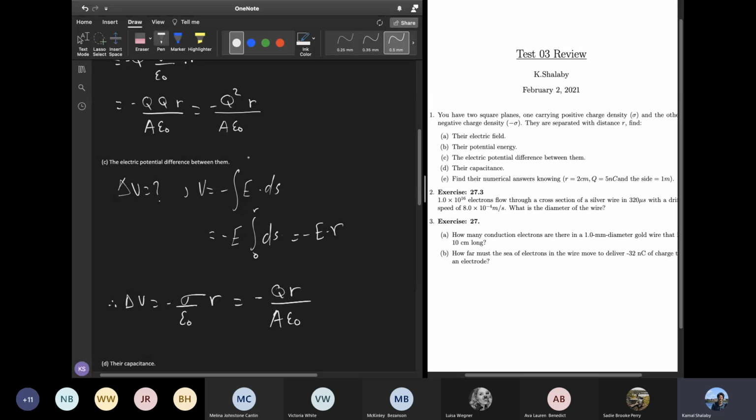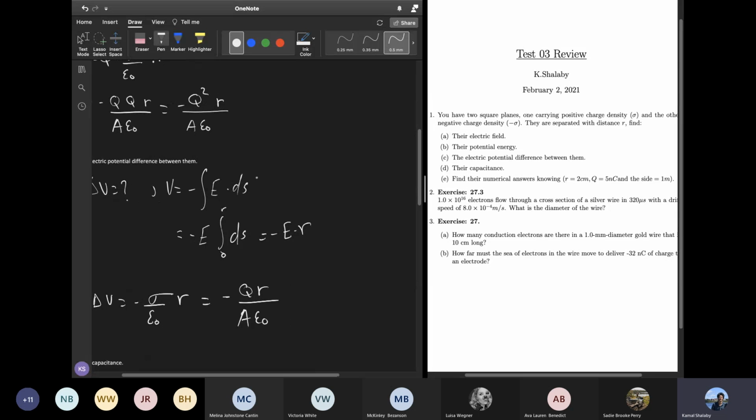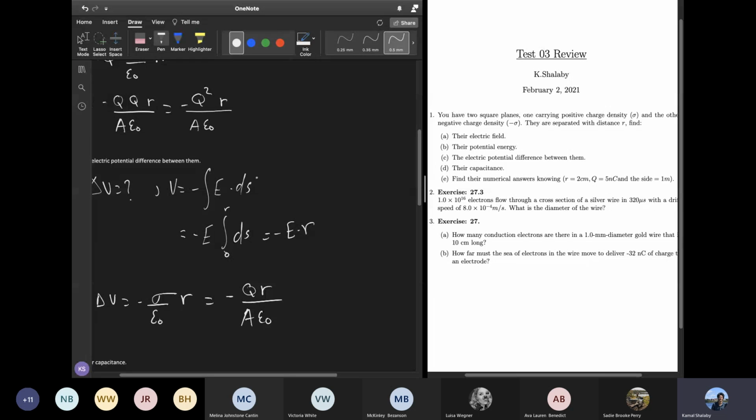And there's also another formula, where U is equal to QV.